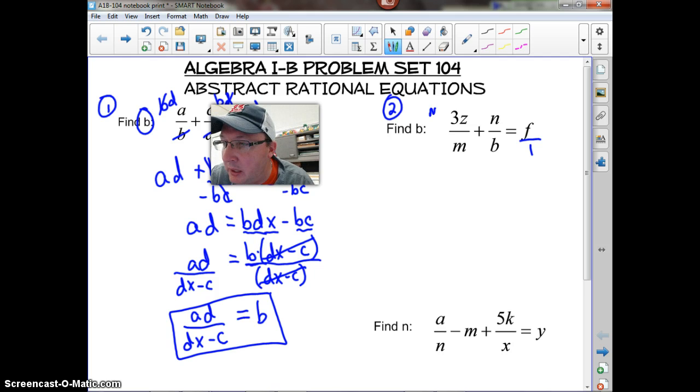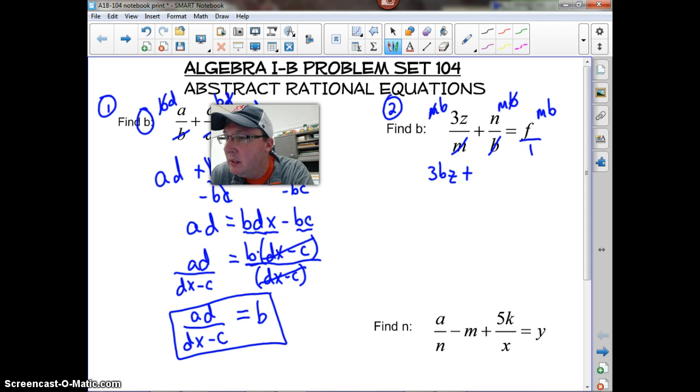So I'm going to multiply by an MB, MB, MB. Okay, now we go in and we cancel the fractions. That's the whole reason of multiplying by that common denominator. So in this first fraction, 3Z over M times MB, M's cancel. I have 3Z times B. I'm going to make that 3BZ plus, in the second fraction, N over B times MB, B's cancel.